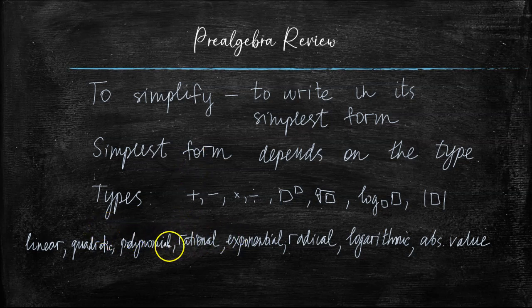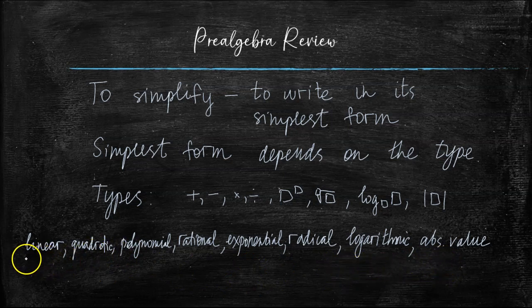But guess what? The types of functions are the same as the types of expressions that are used to define that function. So these 8 names are the same 8 names that we use to classify functions.